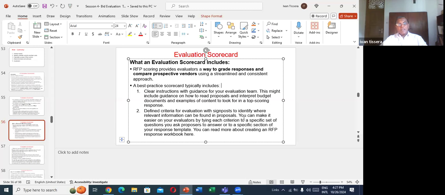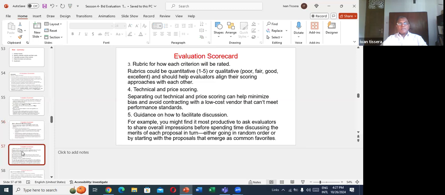You can make it easier on your evaluators by tying each criterion to a specific set of questions you ask respondents to answer, or to a specific section of your response template. Whatever it is, that is a method of inserting marks. Each criterion will be rated.